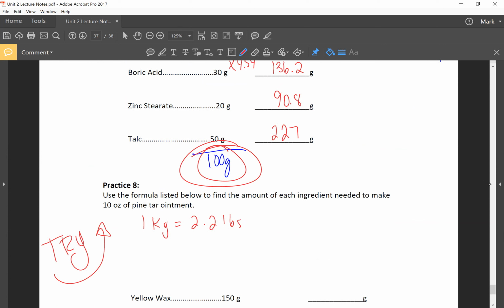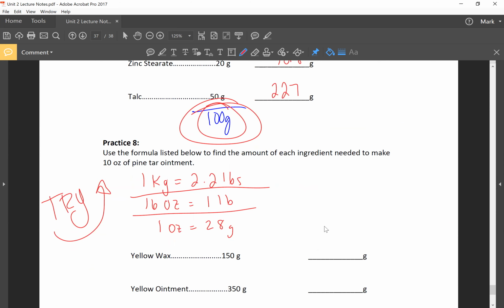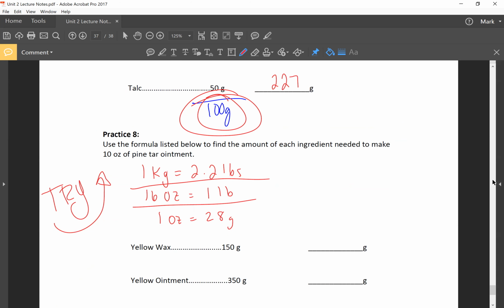You would also know that 16 ounces is equal to 1 pound. And you would probably also know, like I just said, 1 ounce is 28 grams. All this information would be given to you. You do not need to memorize imperial to metric conversions. I'm just trying to give you some information here. You don't need all of this information. For this one, you only need ounces to grams.